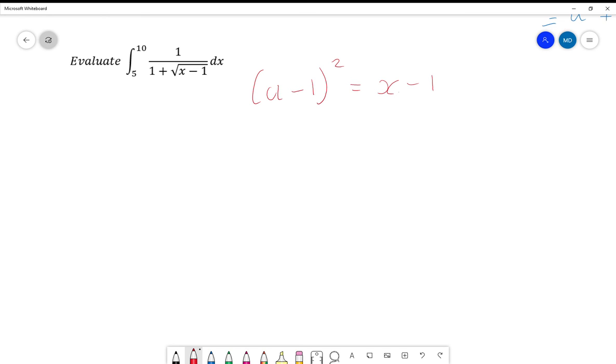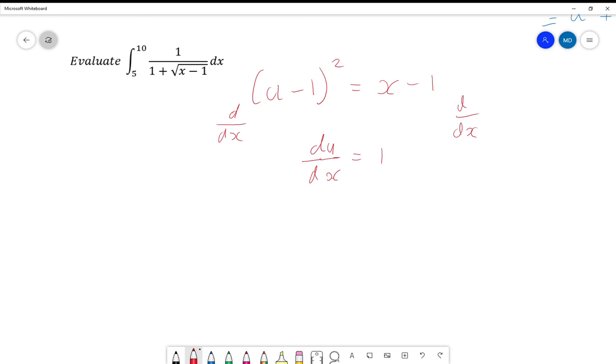And now I'm going to differentiate with respect to x to find out what things are on either side. So here on the left hand side, because of our implicit differentiation, we're going to get du by dx in there. And on the right hand side we're going to get just 1, so that's nice.